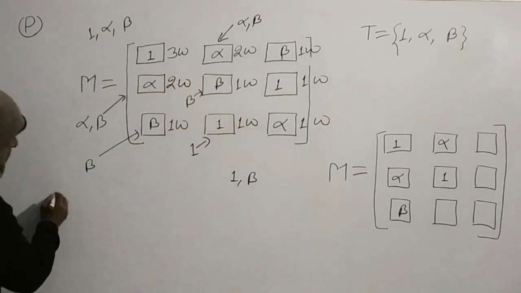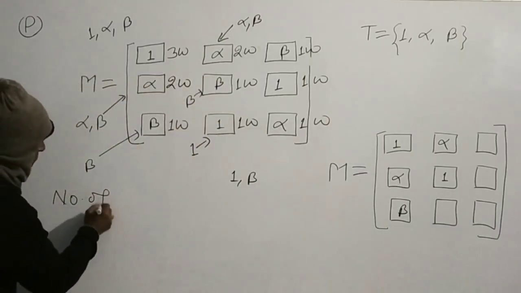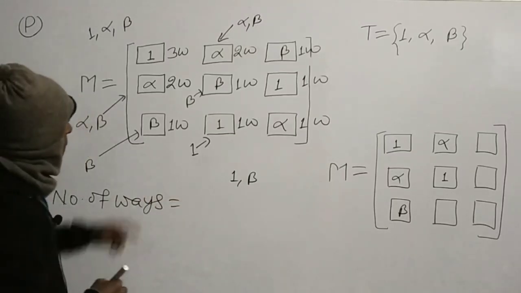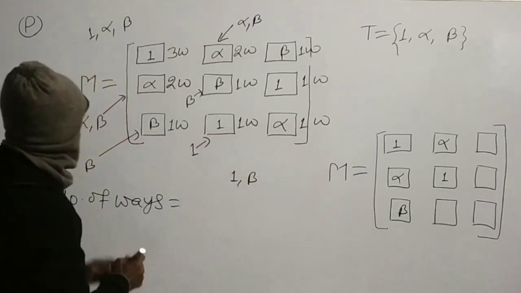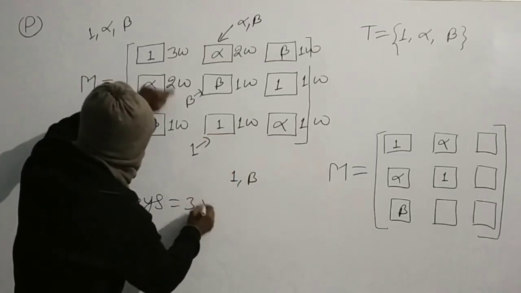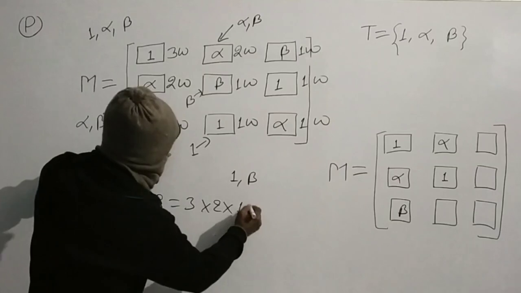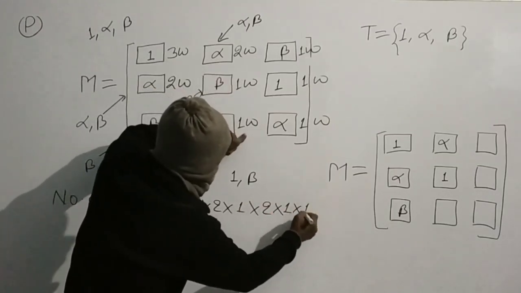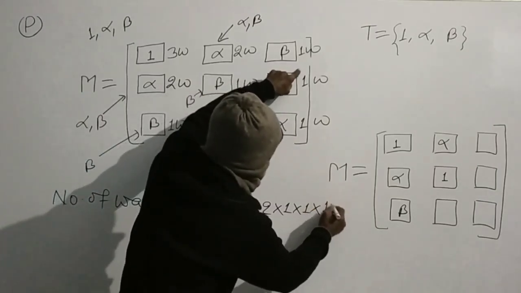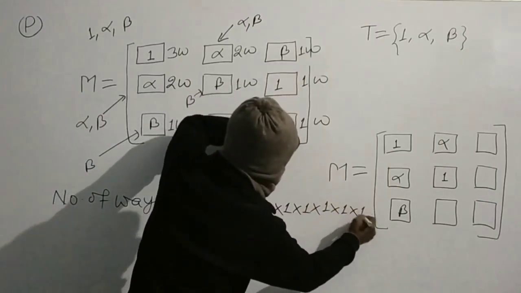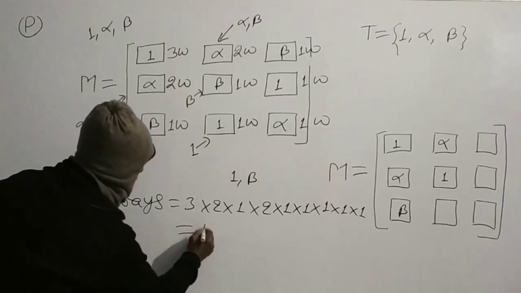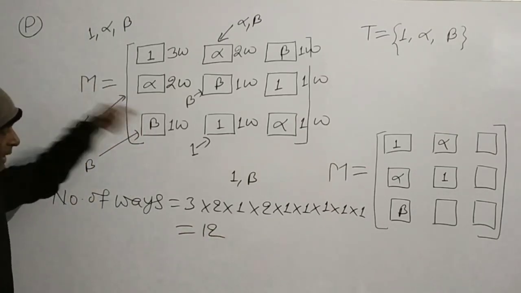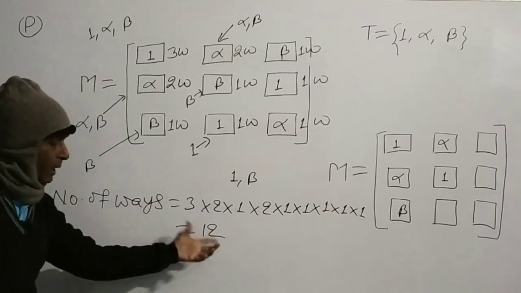Therefore, the number of ways to fill up all these 9 places will be equal to 3 times 2 times 1 times 2 times 1 times 1 times 1 times 1 times 1. That is equal to 12. Therefore, the number of such matrices M will be equal to 12.